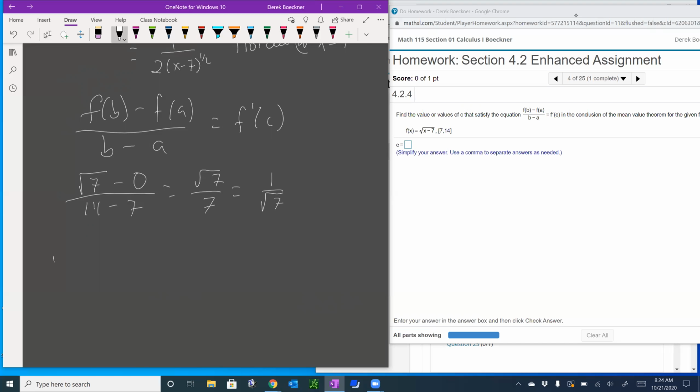And so we want 1 over 2 times x minus 7 to the 1/2 equal to 1 over the square root of 7. How do I solve that? I guess, why is that what I want first?